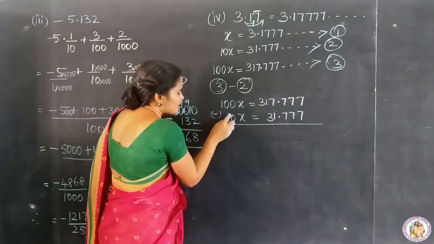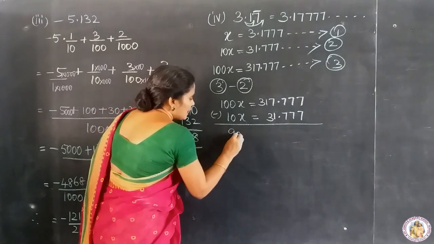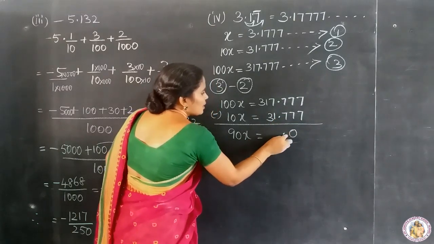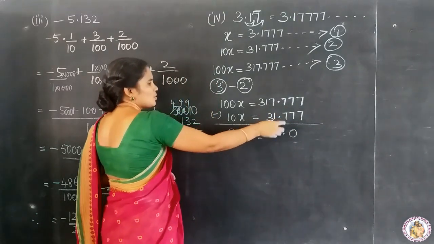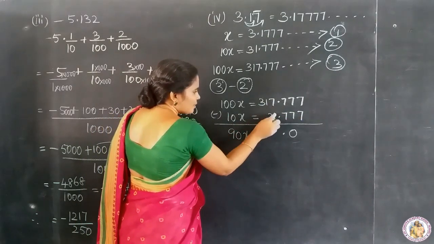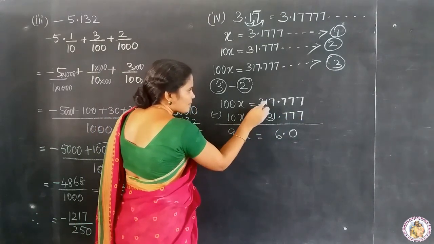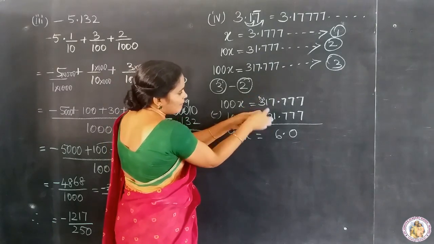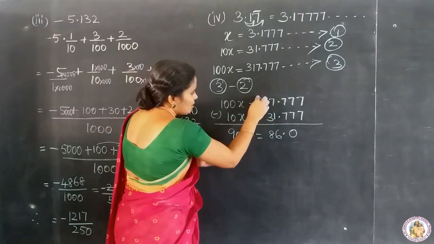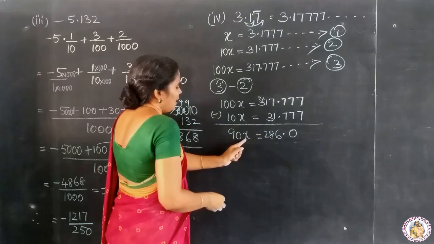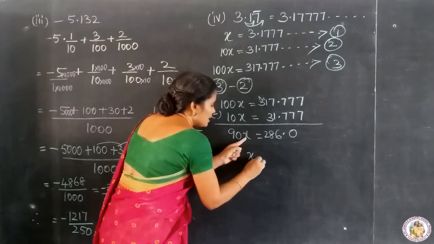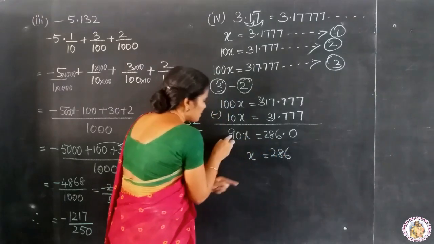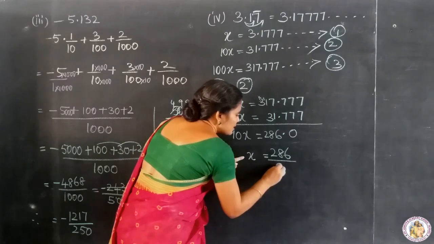So 100 minus 10 is 90x is equal to, after the decimal everything goes as 0. 7 minus 7 is 0, 7 minus 7 is 0, and 7 minus 1 is 6 here. So 11 minus 3 is 8, giving 286. Having x alone on the left side, take 90 to the right side.